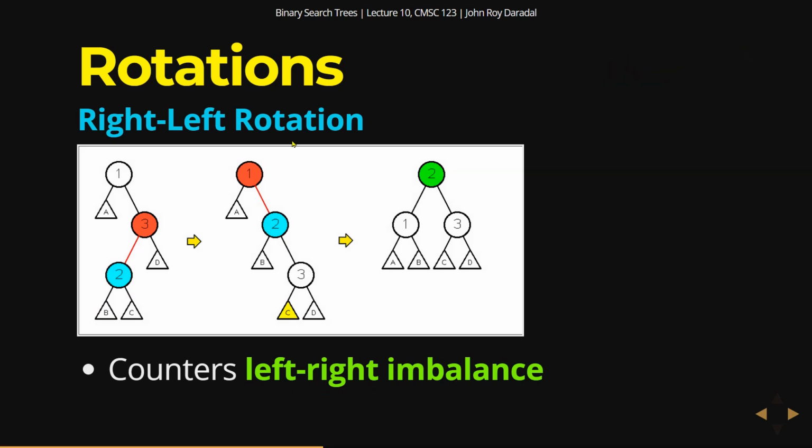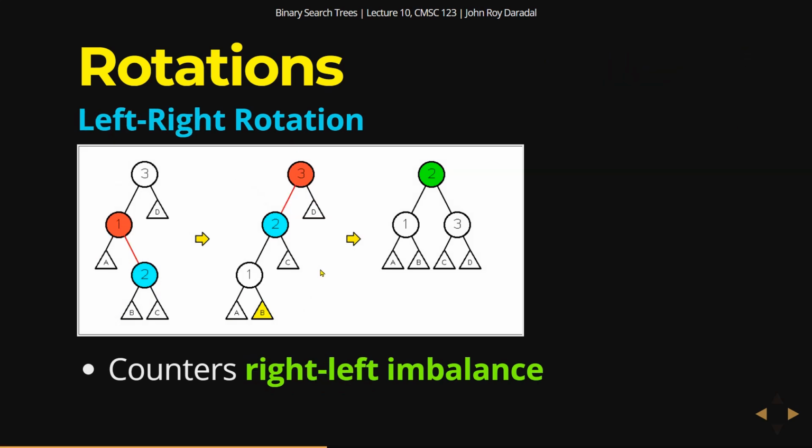Now if you understand this one, then it's easy to understand the left right rotation, because again it's just the symmetric version of right left. So it's just a counter. Okay, so again 2 is at the bottom and it has a right imbalance here because it's heavier on the right side, right, for 1. So we'll do a left rotation to counter that.